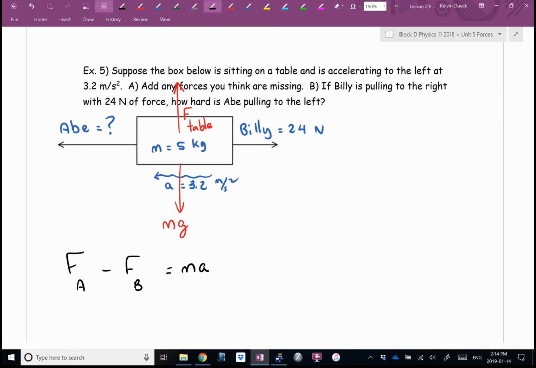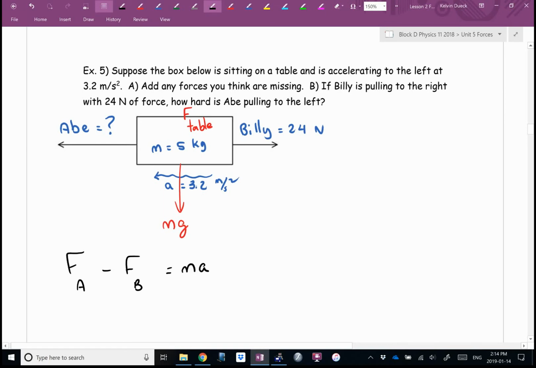Sam, what's this question want me to find? Keep going. What's it want me to find?